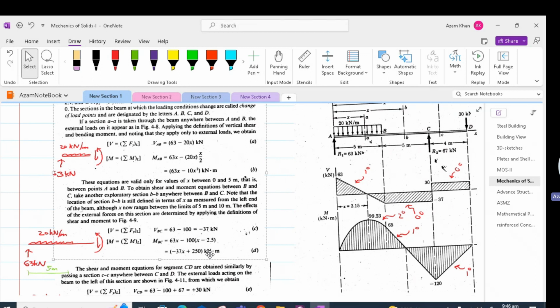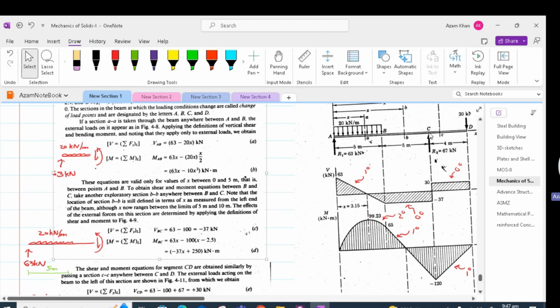Normally, the mistakes are in finding out the reactions. If the reactions are not in equilibrium with the applied load, we will get nonsensical values for shear force and bending moment diagrams. We see in the region BC that the moment is varying linearly until we reach point C.